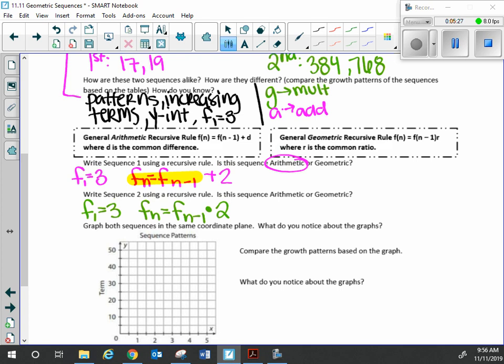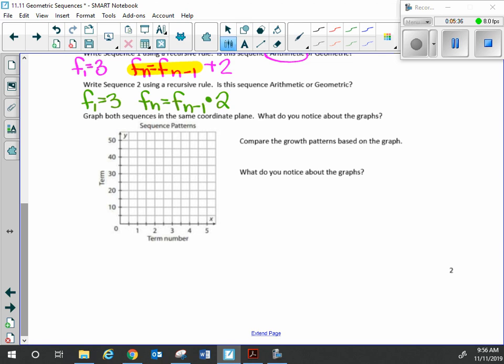Now let's compare these sequences when they're graphed. We'll start with the arithmetic. What was my first term? 3. What was my second term? 5. My third term? 7. My fourth term? 9.